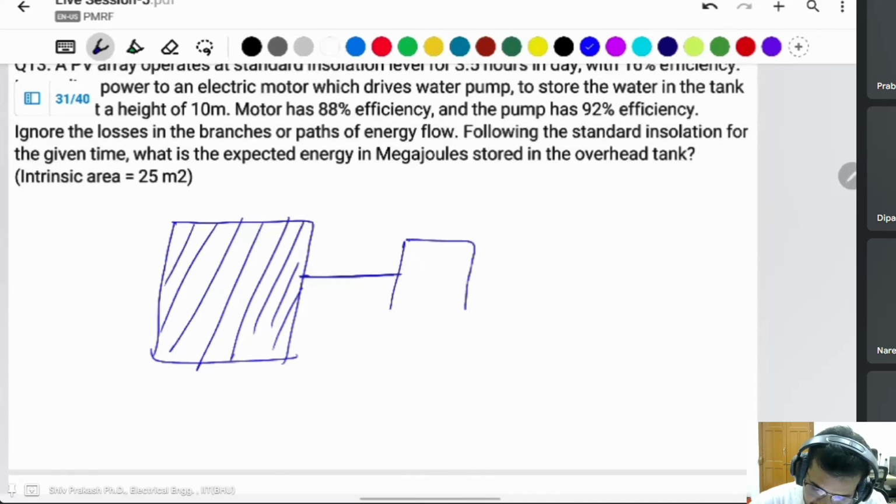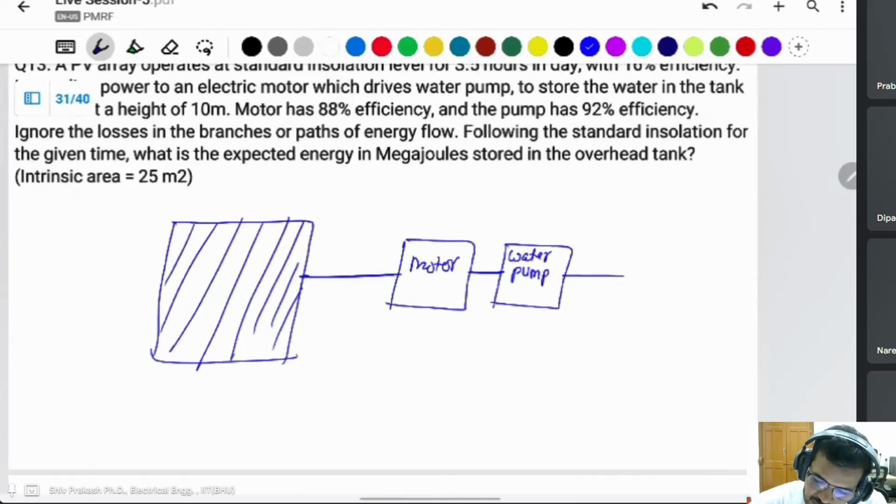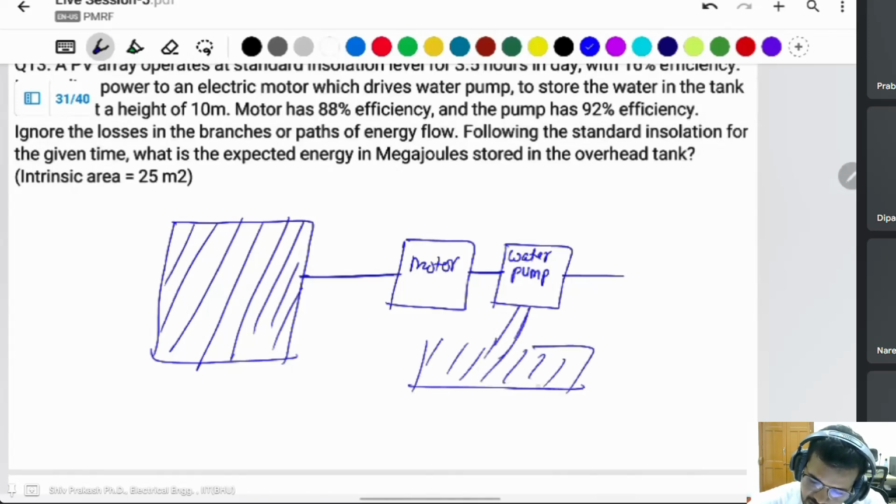There is a motor connected by a shaft to the water pump. The water pump has a water reservoir here that will store the water on top of this water tank.